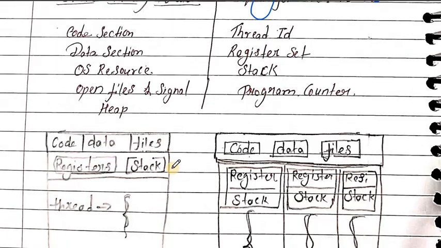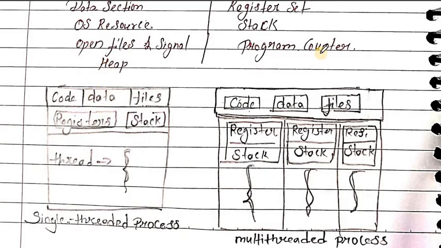Like here there is a process P1 and a process P2. In a single-threaded process there is a code section, data section, file section, register and stack, and there is one single process accessing all these sections.